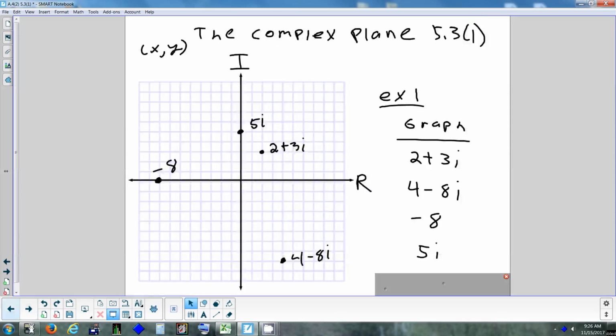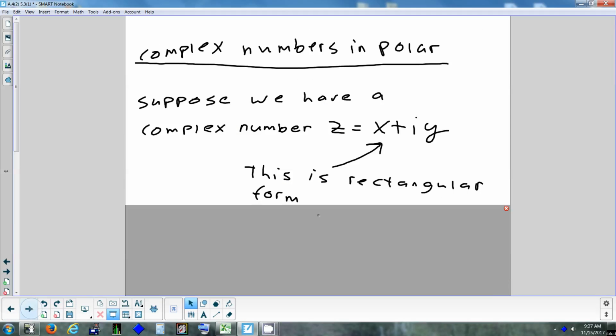Why is it rectangular? Because you're moving on a rectangular grid. Like the first one, you're moving 2 units right, 3 units up. That's not an angle, and that's not a radius. If you put a radius and an angle in there and convert it somehow, then it's polar. But until you have radiuses and angles, that's not polar, that's rectangular.